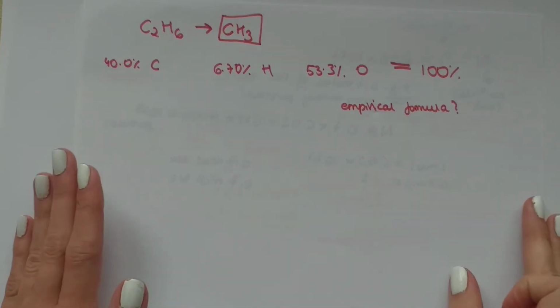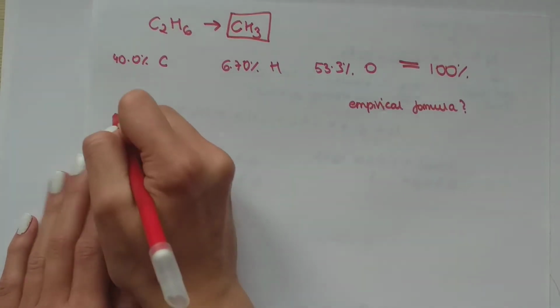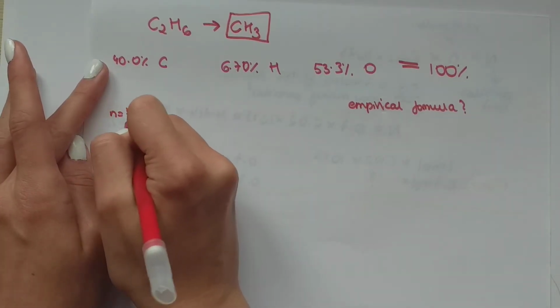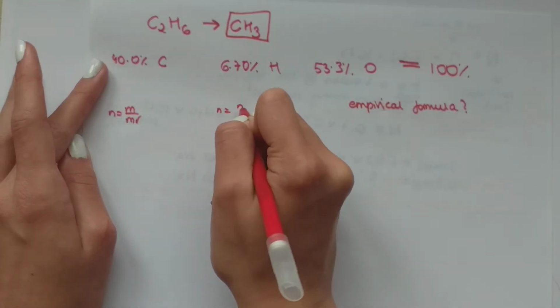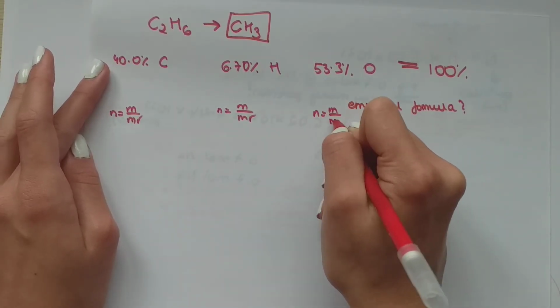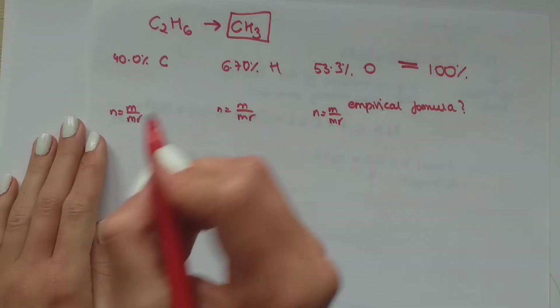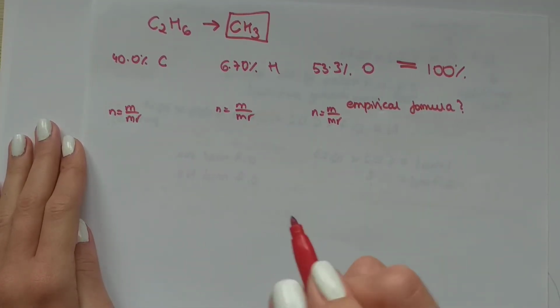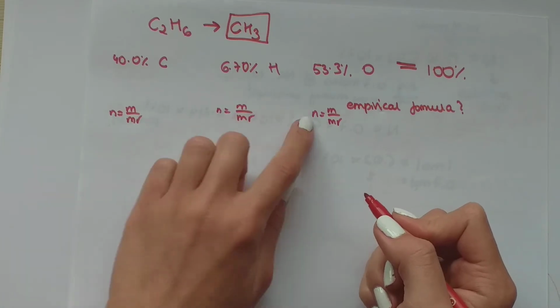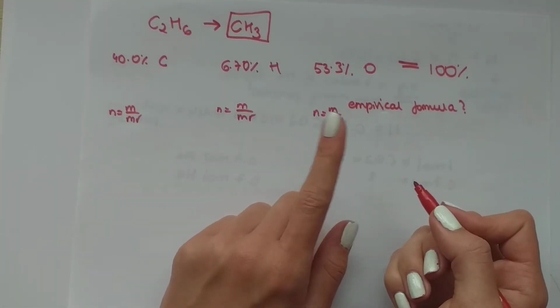And how do you start this? So again, here comes our equation, n equals mass over Mr. And this equation we're going to have to use for each single element that's used in a compound. What we're trying to do again is find the mole ratio, which will help us decide what the empirical formula is.